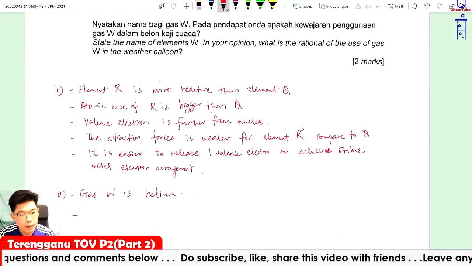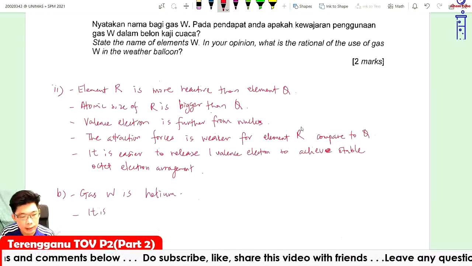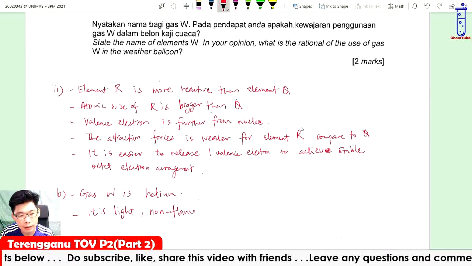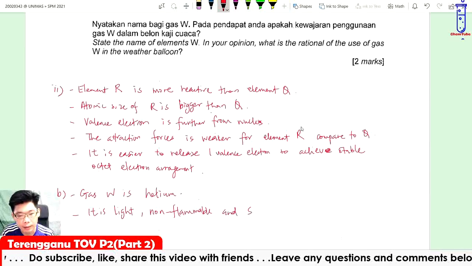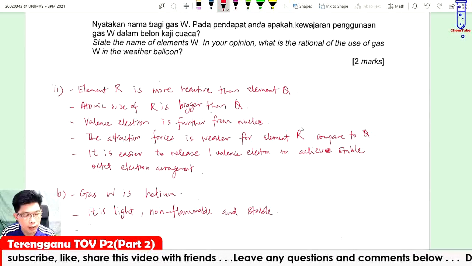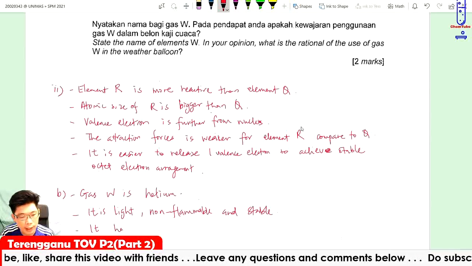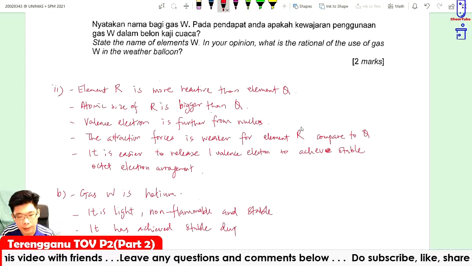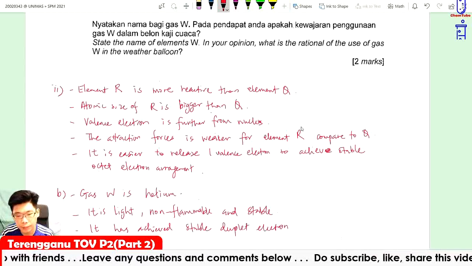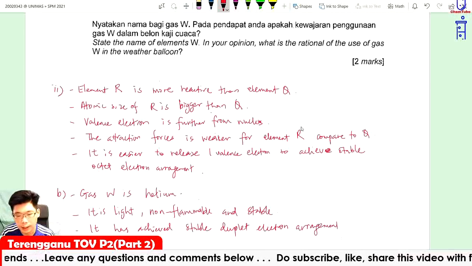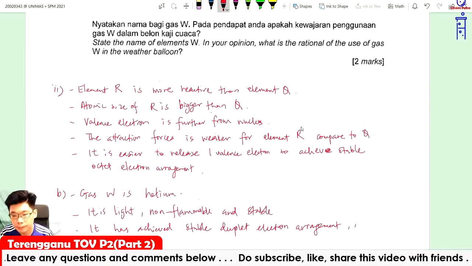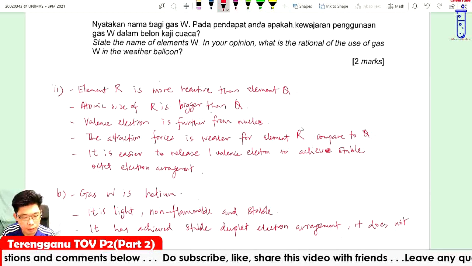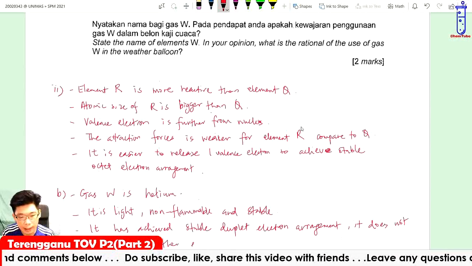So helium gas is light, non-flammable, and stable. Okay, so it has achieved stable duplet electron arrangement. Okay, so it does not react with other elements.